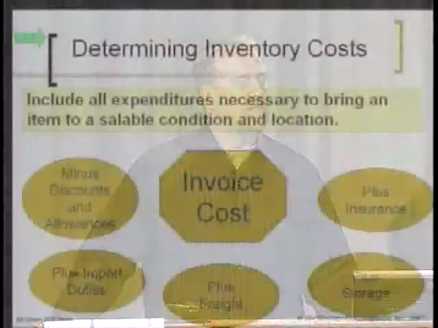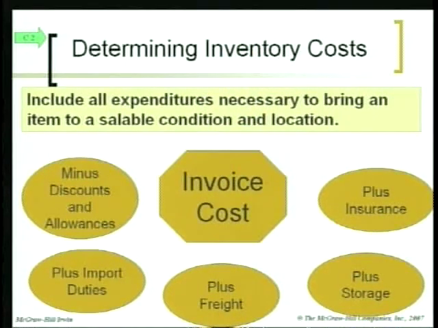All right, now what is important when we have inventory is that you have to include all expenditures necessary to bring an item to a sellable condition and location. So you do not just include the invoice cost, you include things like import duties, which are like a tax to get it into the country, storage, insurance, freight, all those sort of things. All those additional costs have to be included in the inventory cost.